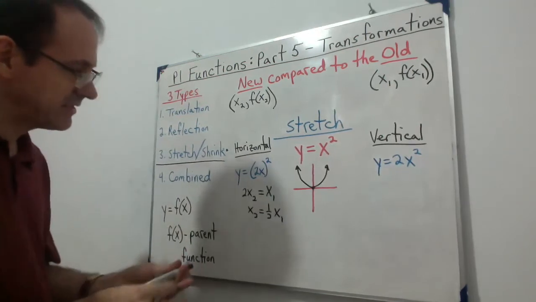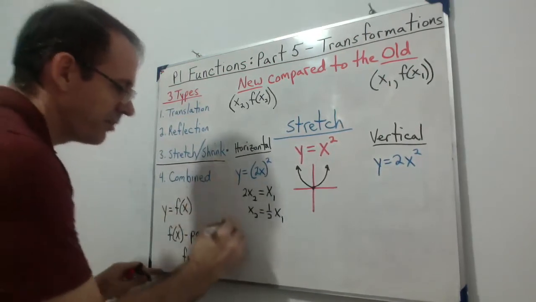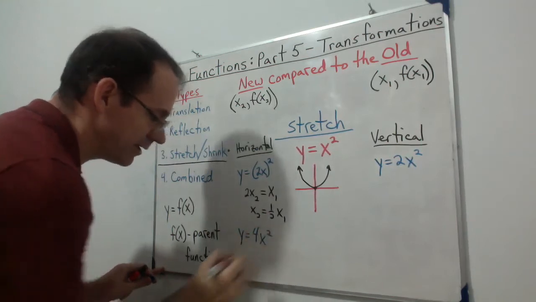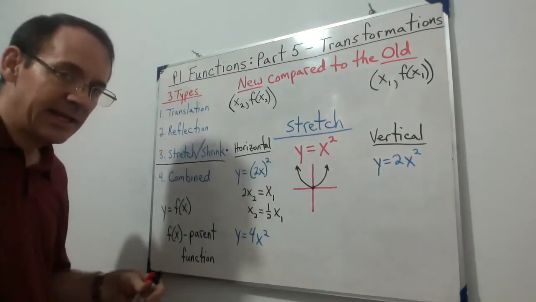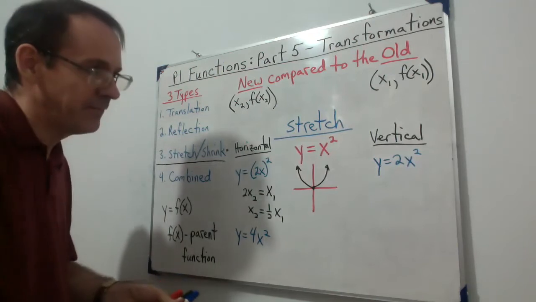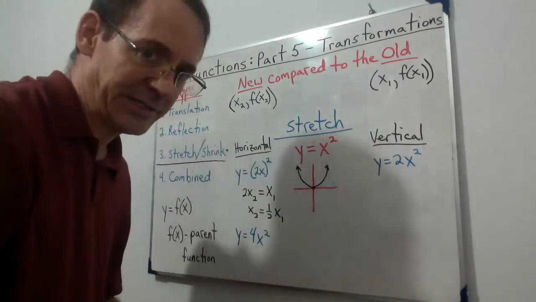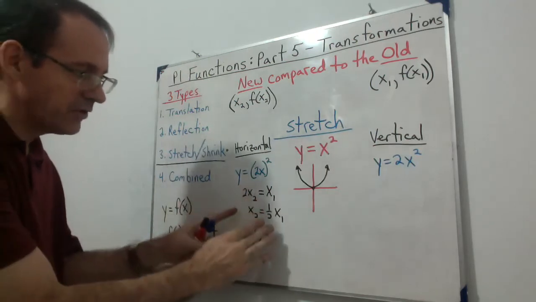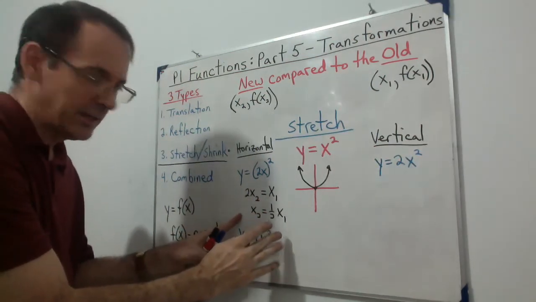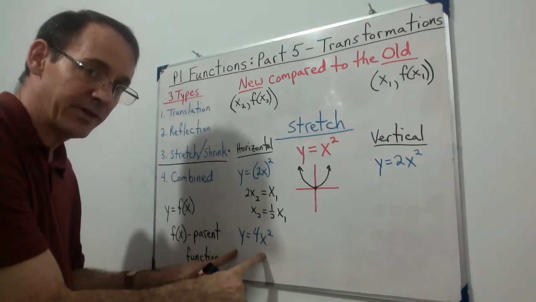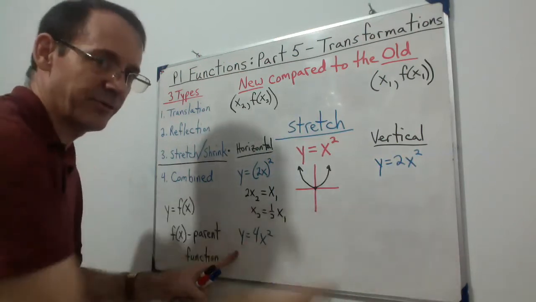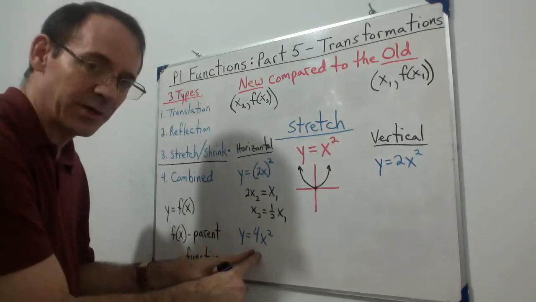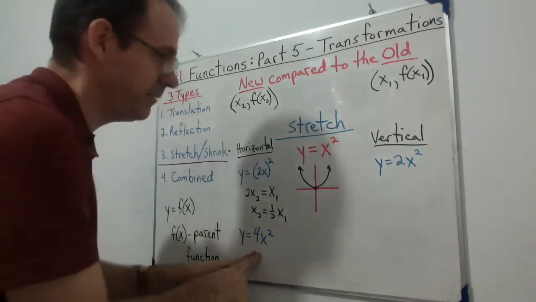But as you can see, this also could be written as 4x squared, meaning it should also have a vertical stretch. We're going to focus on the horizontal stretch. We'll come back and compare this because this is actually a vertical stretch. This is what we're going to look for, but I need this form for graphing, okay?